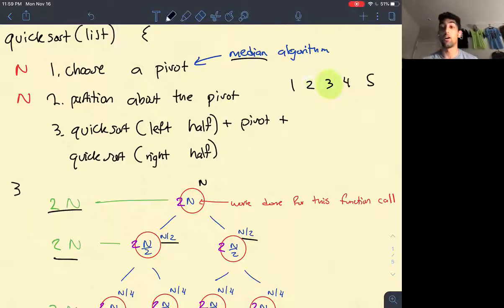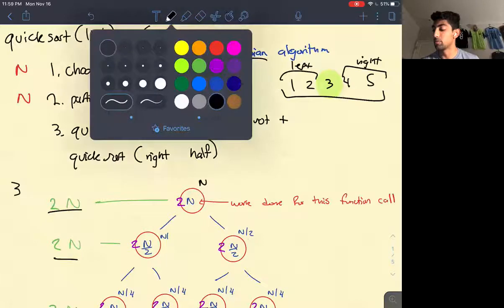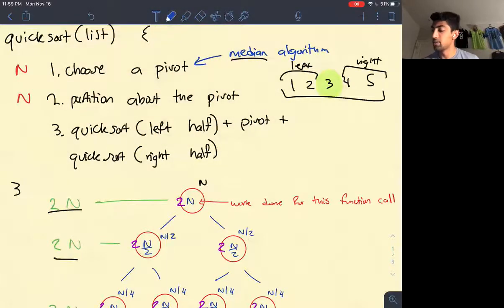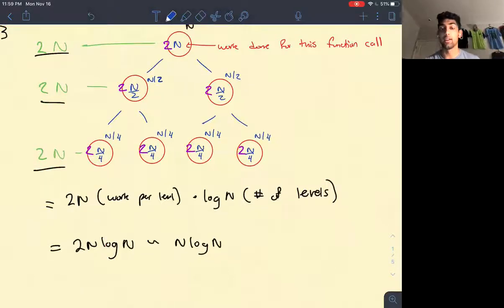We're always going to choose 3 if this is what's given, because 3 is the median. The corresponding left and right are going to be of size n over 2, because all of the elements are unique, so a median will have an equal split. So we get this recursive tree, and a runtime of n log n.